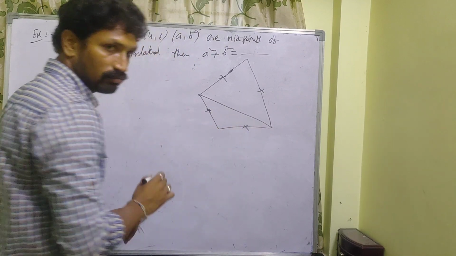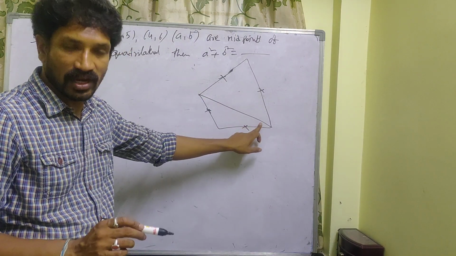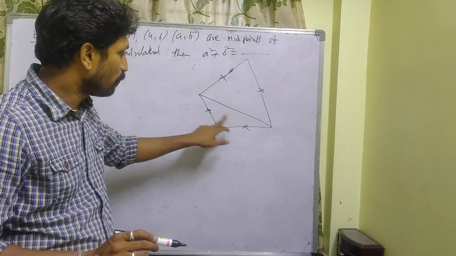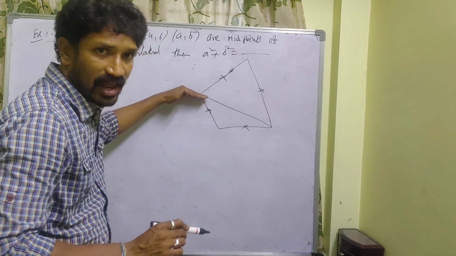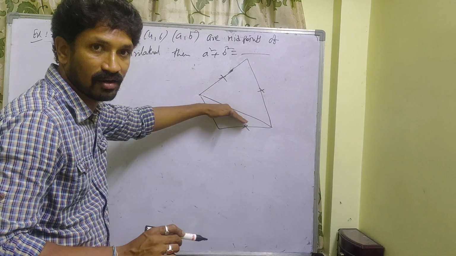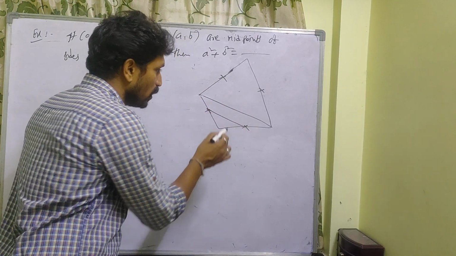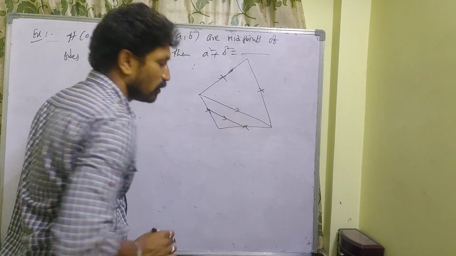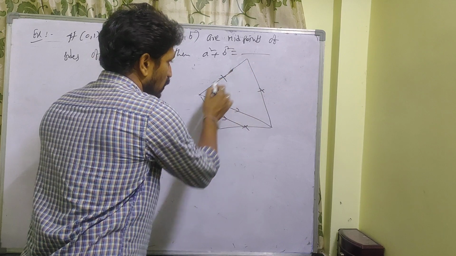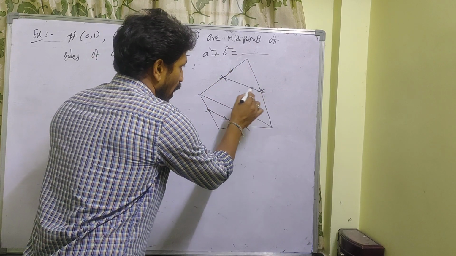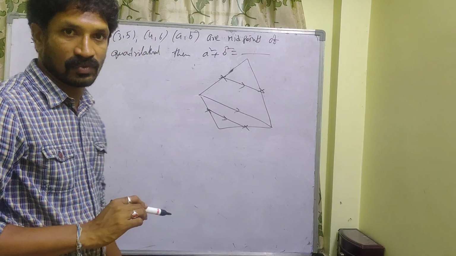This is one of the diagonals of this quadrilateral, and if you join these two midpoints, this is nothing but a triangle with this diagonal. So according to the midpoint theorem, this is parallel to this one. Similarly, joining these two midpoints in this triangle, this is also parallel to the same diagonal. So these two are parallel sides.